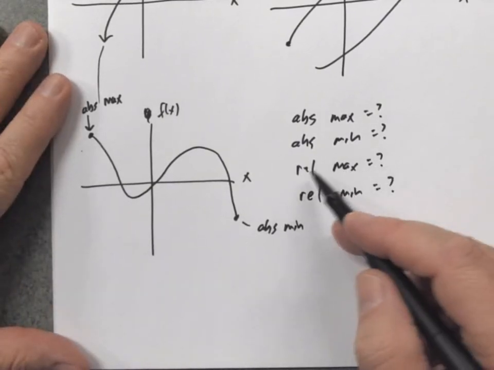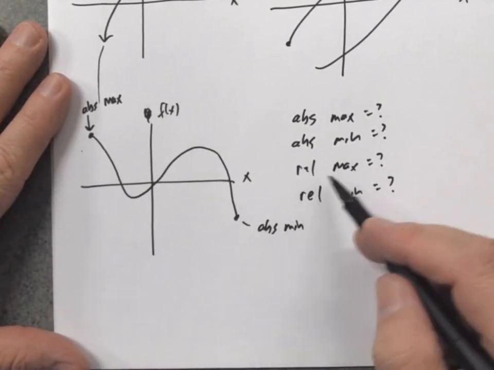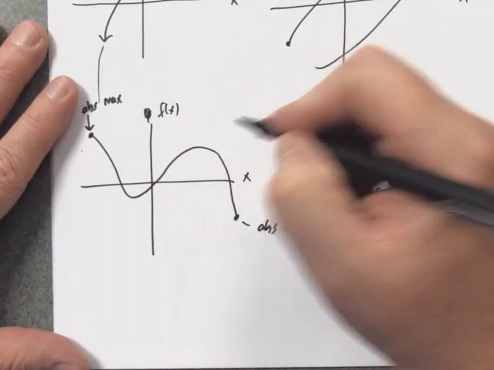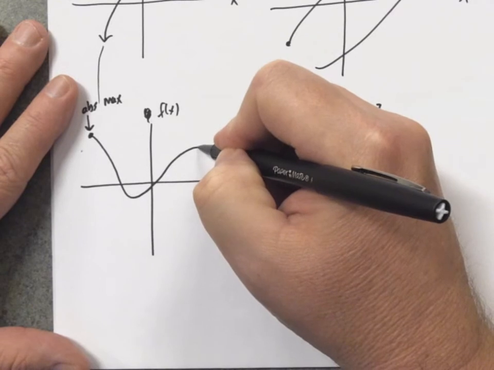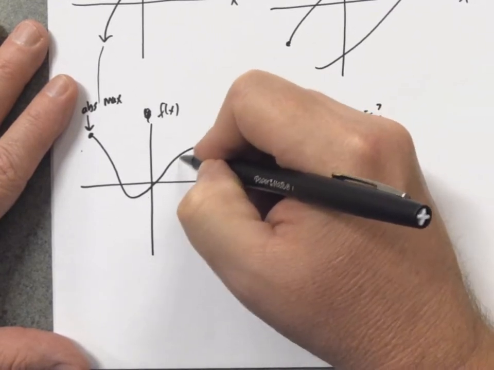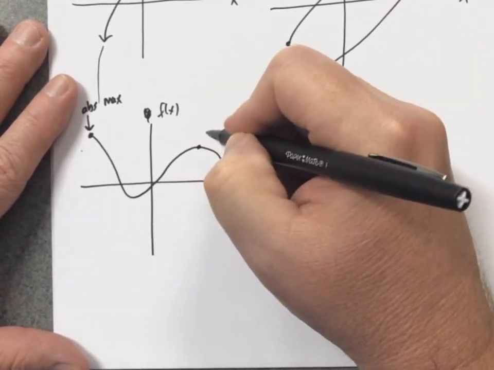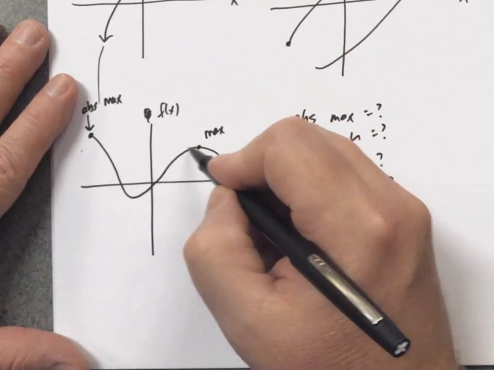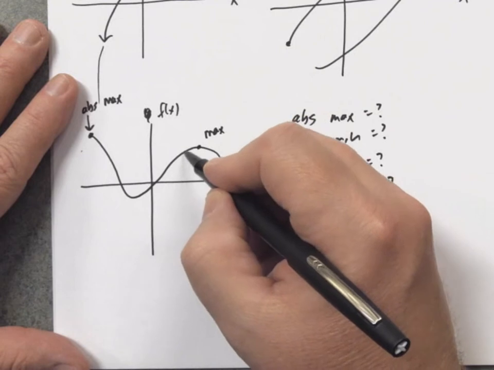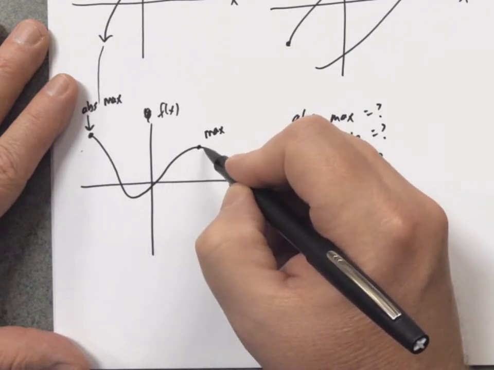So then what are relative maximums? Relative maximums means, earlier when we talked about graphs, I called the highest point of this little hump or curve a maximum, because when you're looking in this area of the graph, this thing maxes out right here and then it drops again.